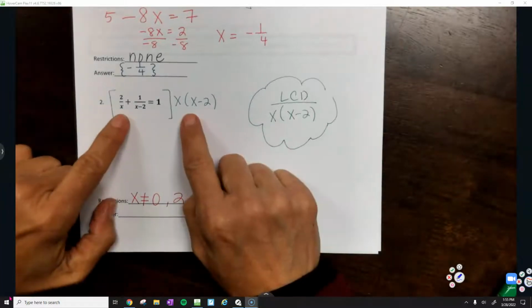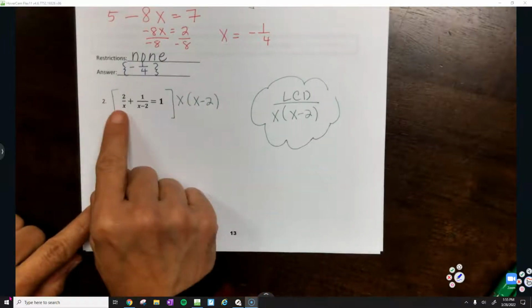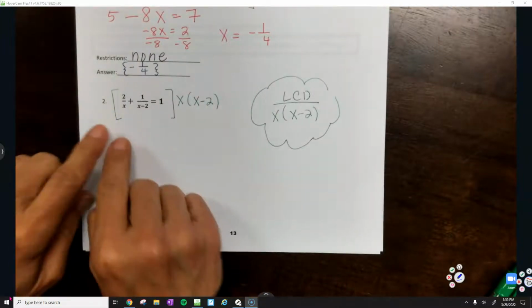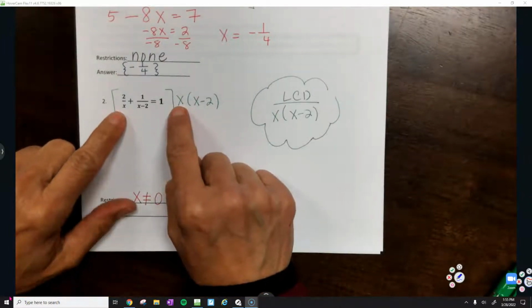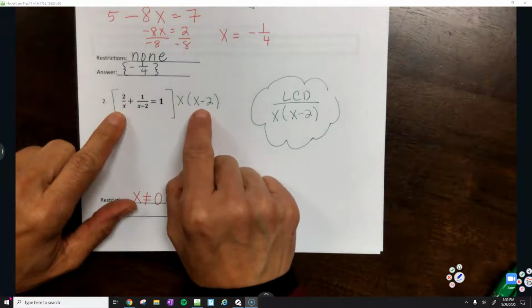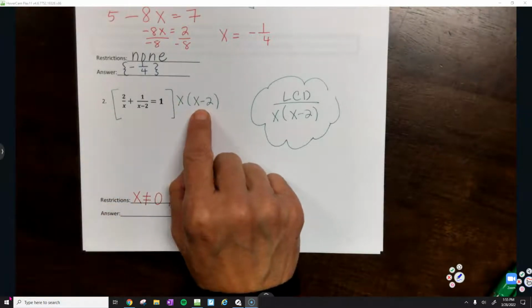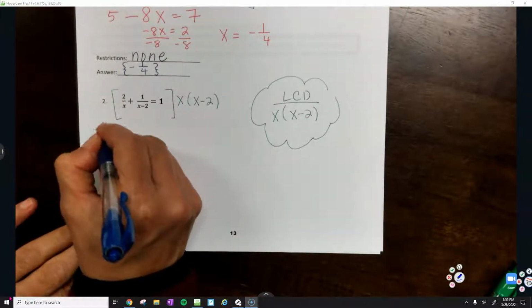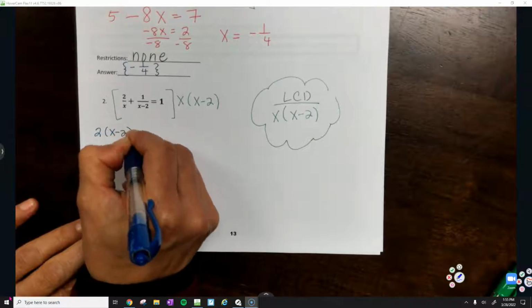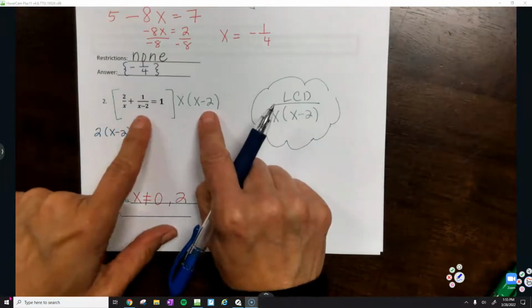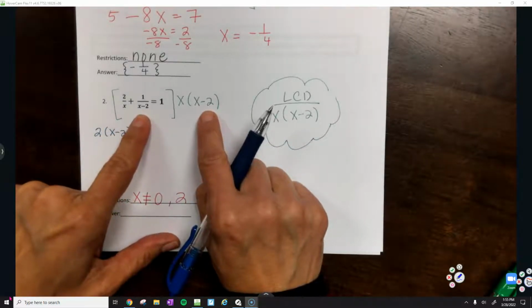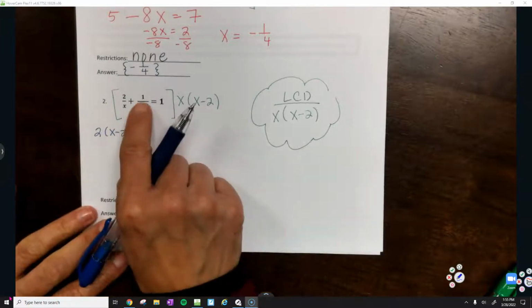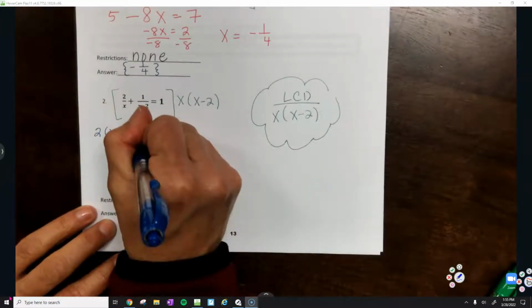So like here, when I distribute this to that first fraction, the x's are going to cancel out. So what is remaining is x minus 2. That's what you multiply the 2 by. When we distribute this to the second fraction, this time the x minus 2's are going to cancel out, and it's going to be 1 times x.